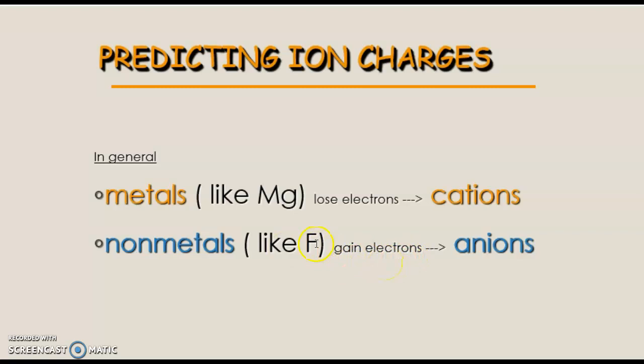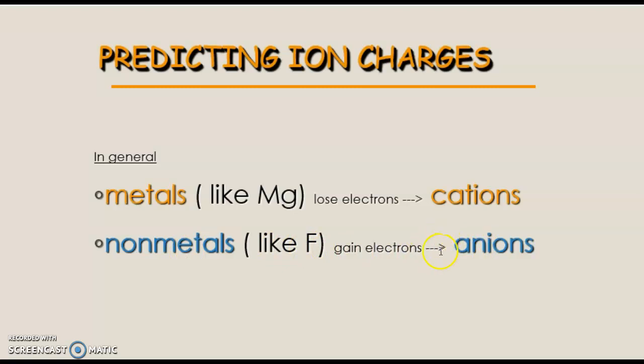So fluorine, all you do is you look at the periodic table, you can see that fluorine is a nonmetal. All nonmetals are going to gain electrons, and that means they have an extra 1 or more negative electrons outside their nucleus. So with nonmetals, you look at how many they need to gain to be complete, and that becomes their charge, because that's how many they took.